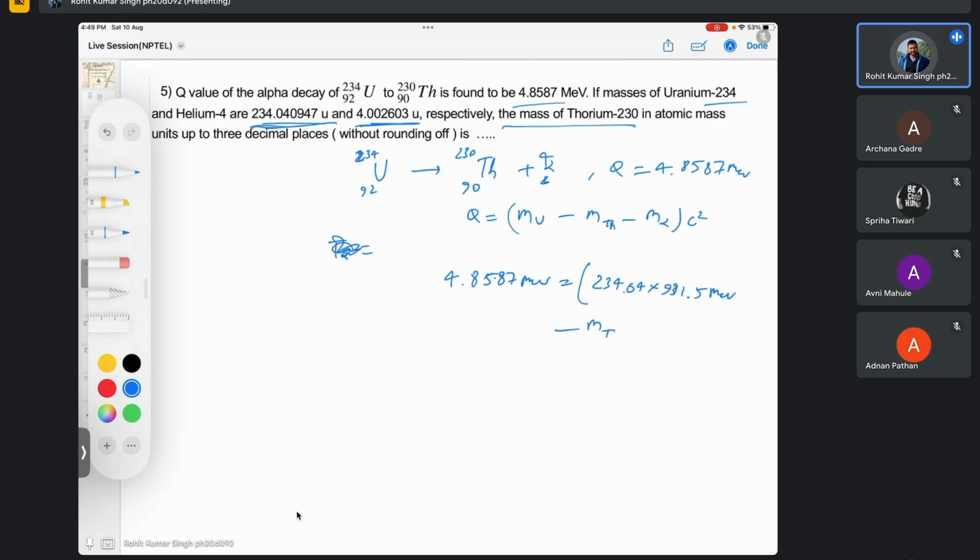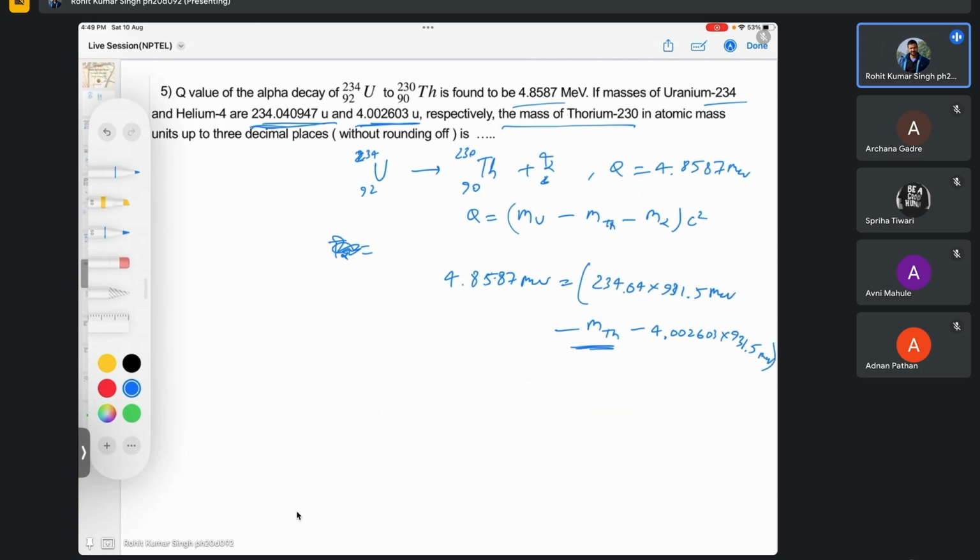the mass of the thorium that we have to calculate, and then for the alpha particle it's 4.00260 into 931.5 MeV.